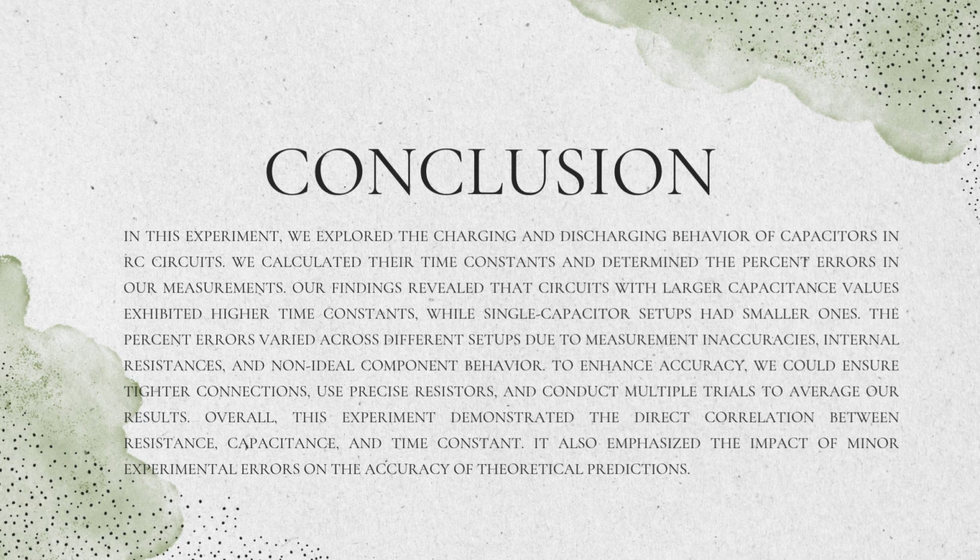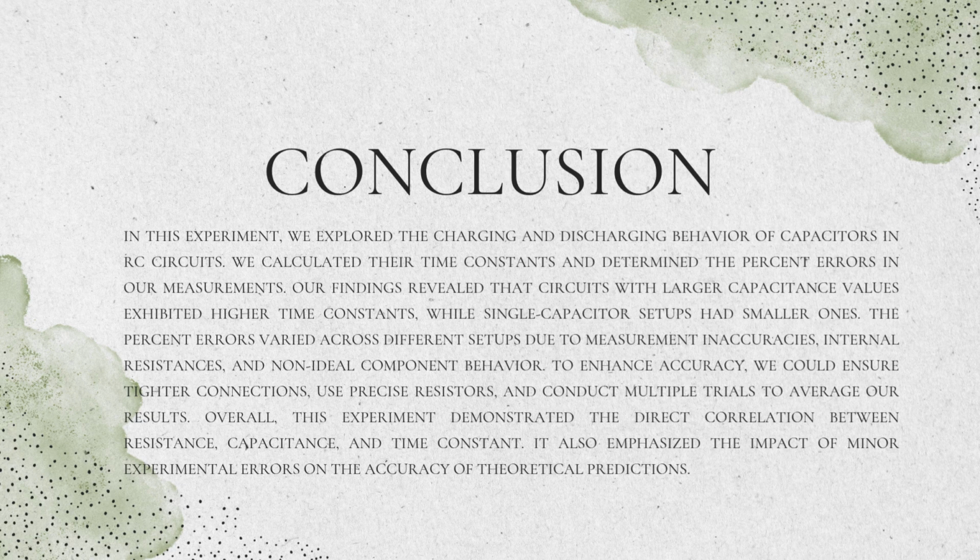Our findings revealed that the circuits with larger capacitance values exhibit higher time constants, while the single capacitor setups had smaller ones. The percent errors varied across different setups, maybe due to measurement inaccuracies, internal resistance, and non-ideal component behavior.